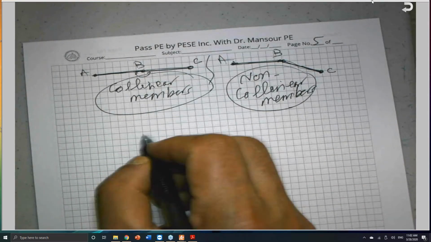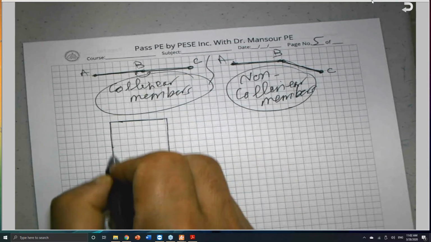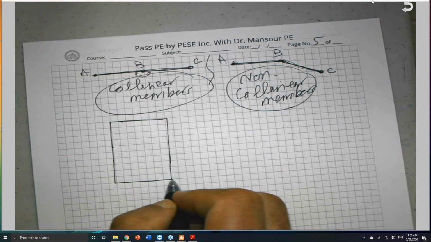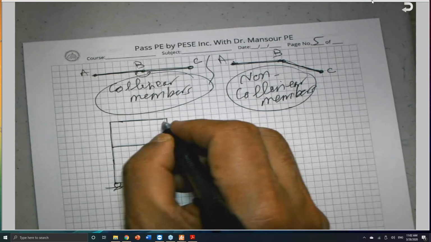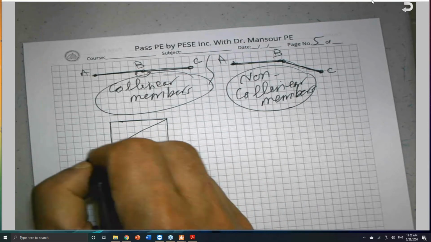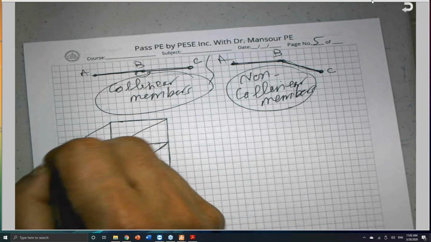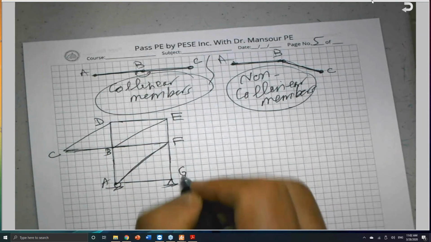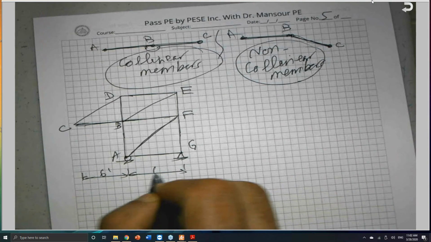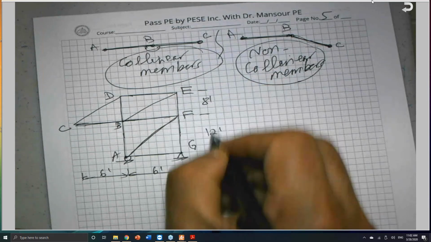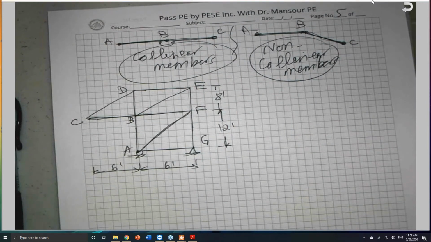For example, like this, the same truss we just talked about: A, B, C, D, E, F, G. But in this case, I'm not going to put the load here as it was before.